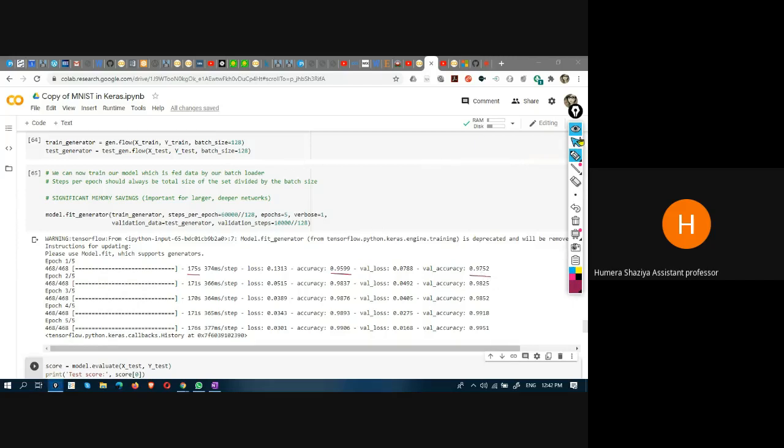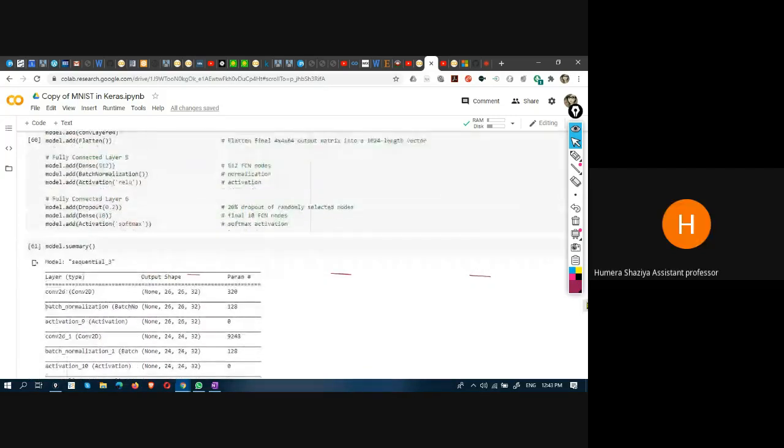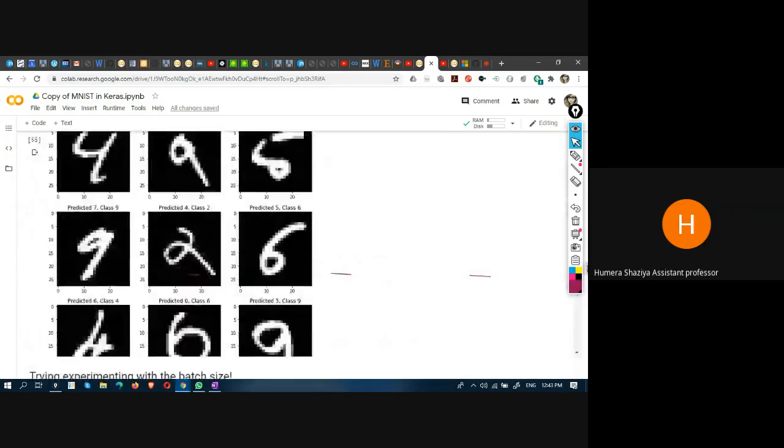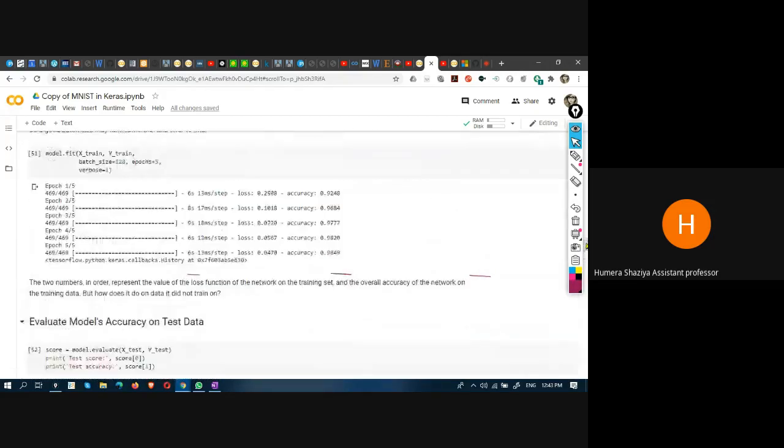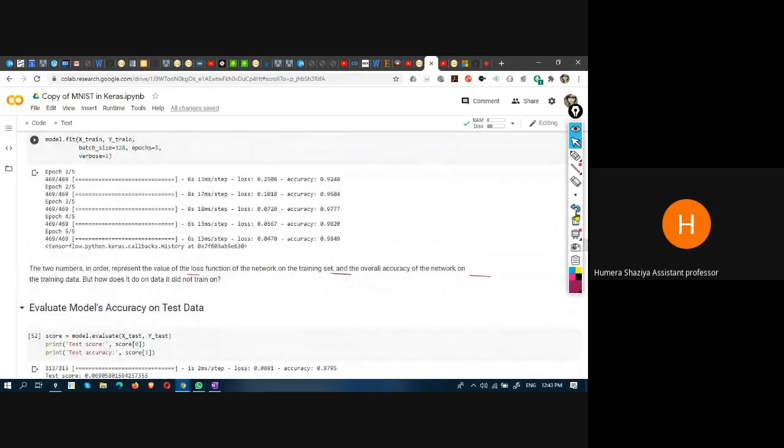If you observe here, what was the first epoch accuracy in the FCN, the fully connected network? Look at here. It took only 6 seconds and accuracy was 92%.